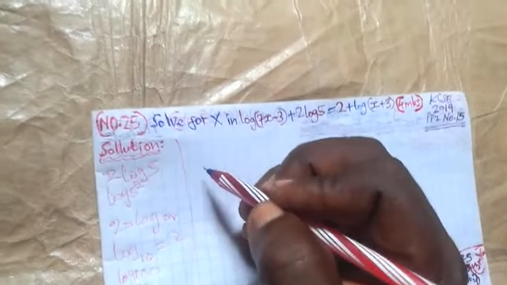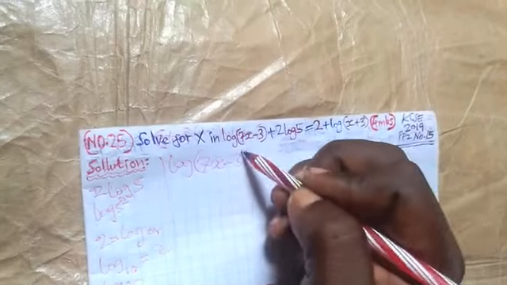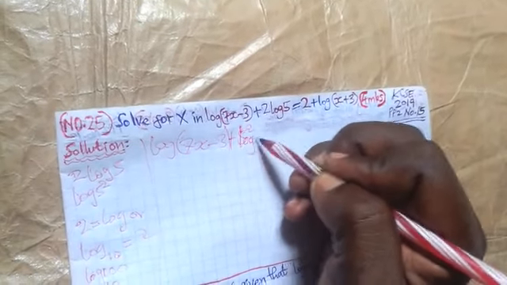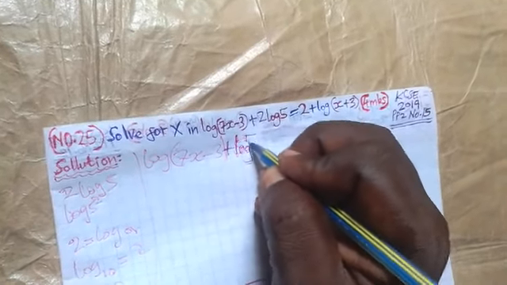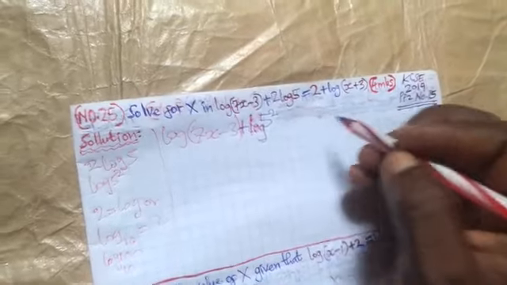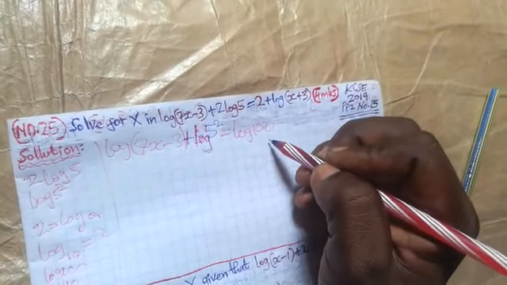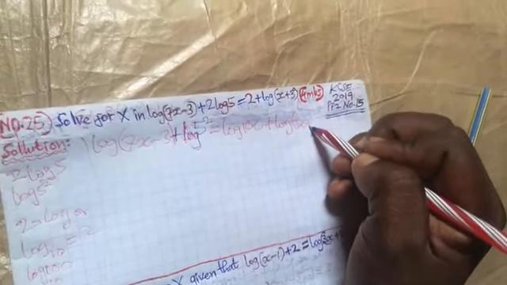Therefore, we are going to solve this as log of (7x minus 3) plus log of 5 power 2, which is equivalent to log of 100 plus log of (x plus 3).